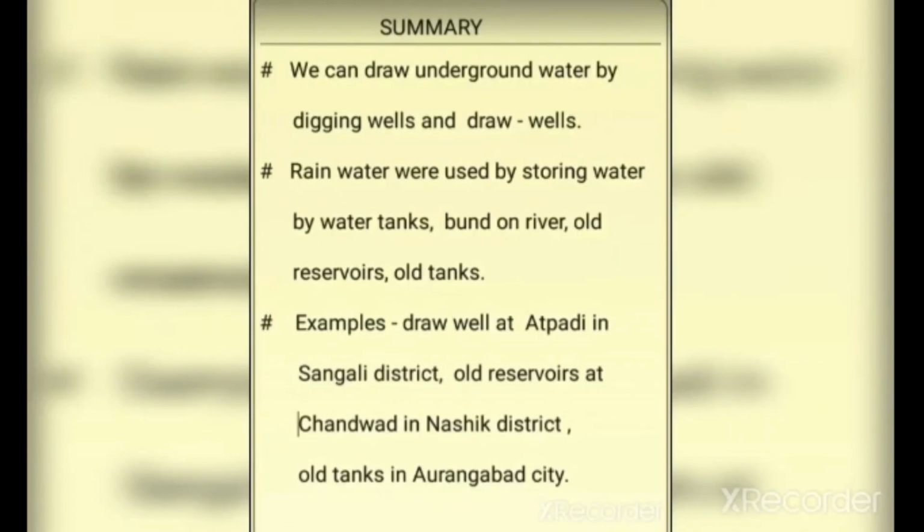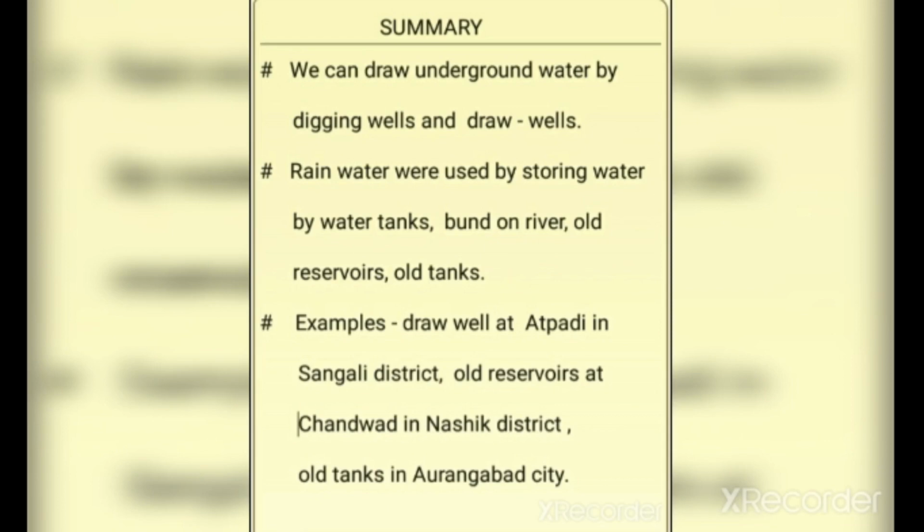Now we'll see the summary of part 2. What we have learned in part 2? We have learned the waterways, storage of water in this part. We can draw underground water by digging wells and draw wells. Rainwater was used by storing water in water tanks, ponds on rivers, old reservoirs and old tanks.